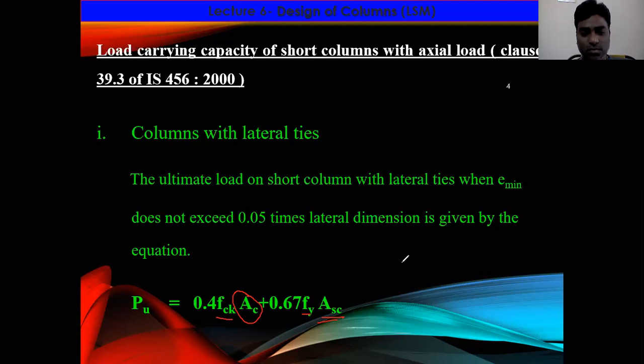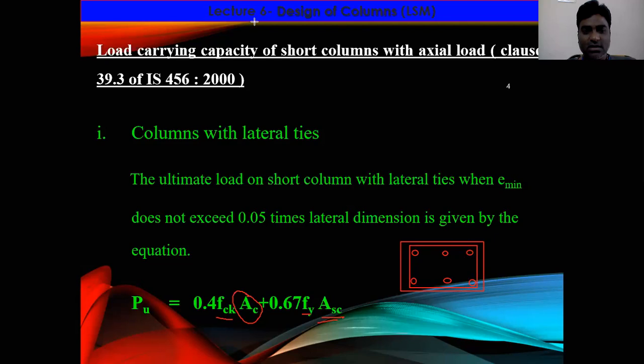So suppose you have a rectangular column, and you have some reinforcement here, let us say 6 bars. And you have also provided the lateral ties. So this is your column.